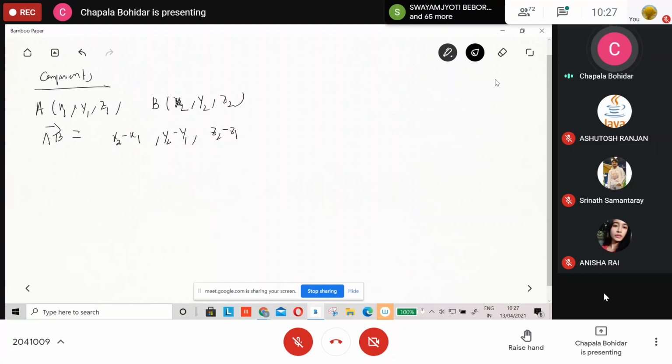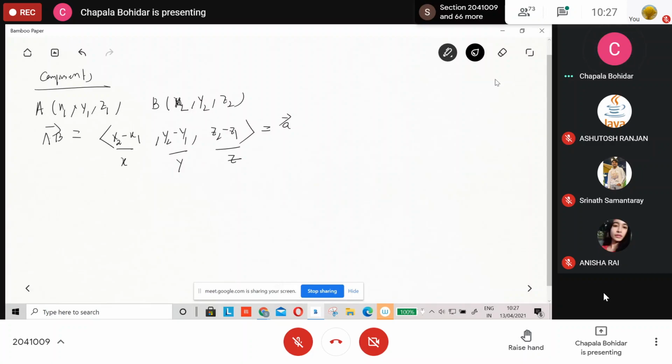So that is the component of this vector AB. Here your x component is this one, y component is this one, and z component is this. For the vector AB, you can represent it like this. That is called the component. Having these two points, AB vector has this component.